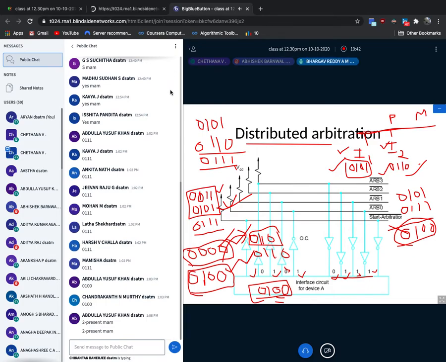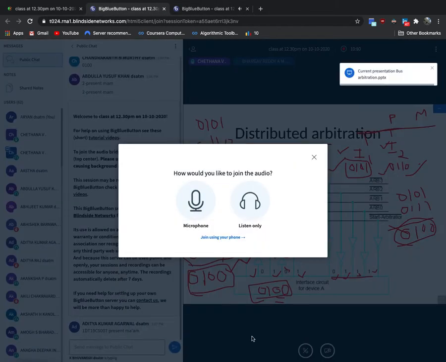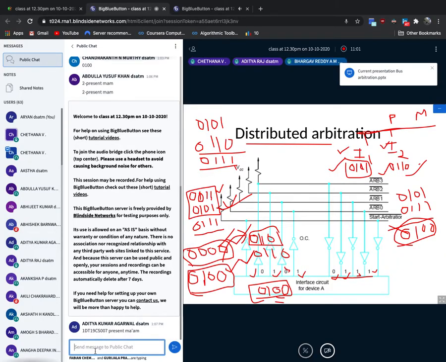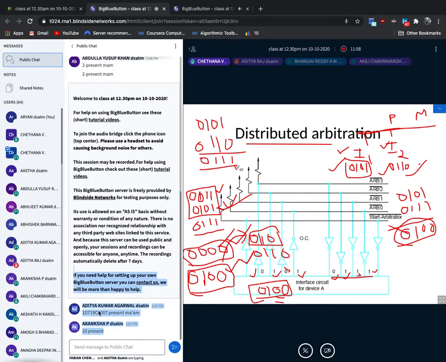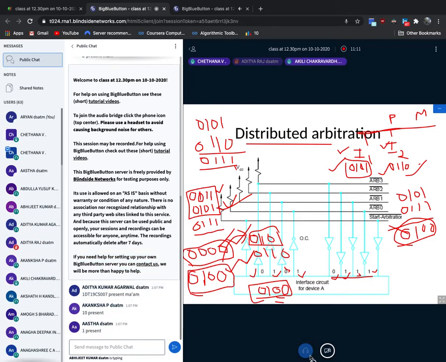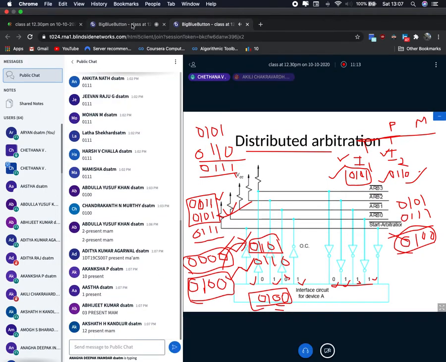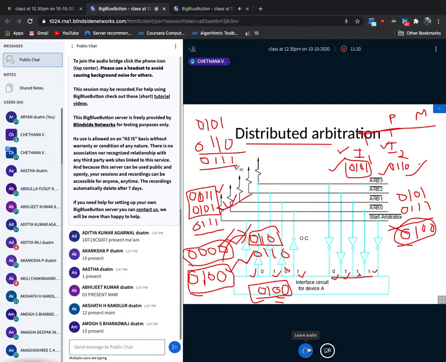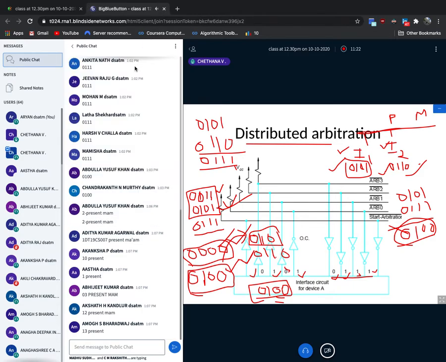Okay, Abhishek Mishra. Abhishek Mishra. Adish Sharma. Okay, Aditya Kumar. Okay, Aditya Raj. Aditya Pratap. Aditya Pratap and Aditya Raj. Aditya Raj. Akanksha. Yarpa Aditya Raj present. Yes, ma'am. Akanksha P. Okay, Akanksha. Akili Chakravardhan. Present, ma'am. Okay, Akshat. Okay, Amog. Okay, Akshat.